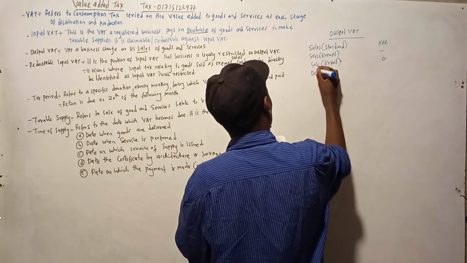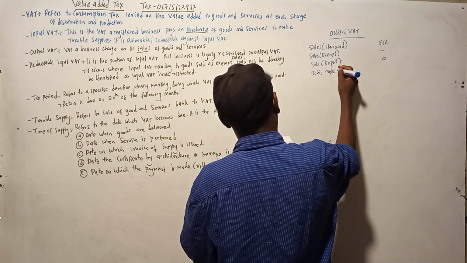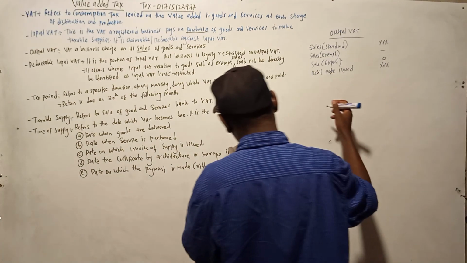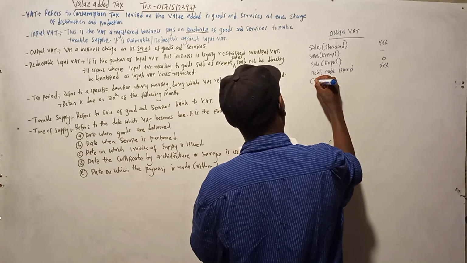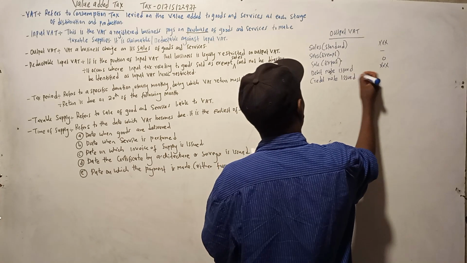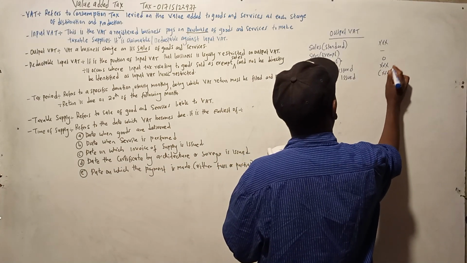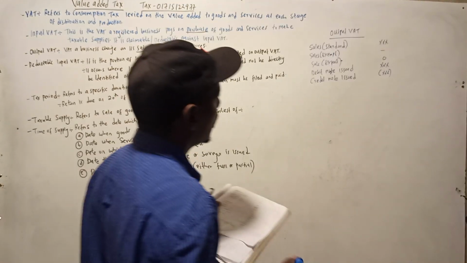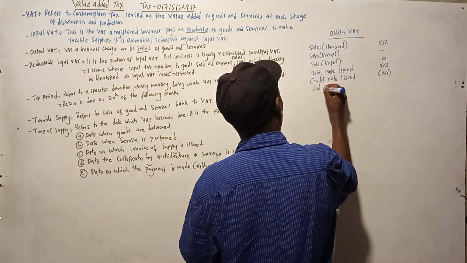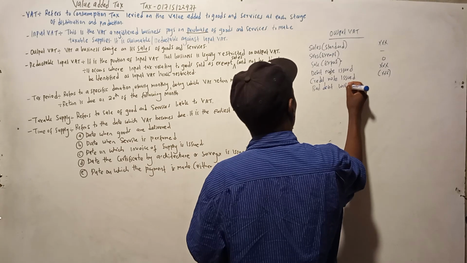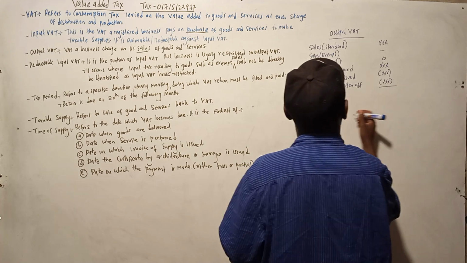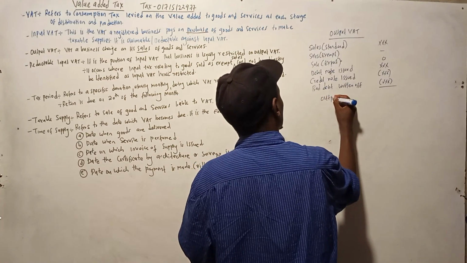Then you have debit note issued kama iko, credit note issued. So credit note is supposed to reduce our output VAT. Then you have bad debt written off. Also, it's supposed to reduce our output VAT.